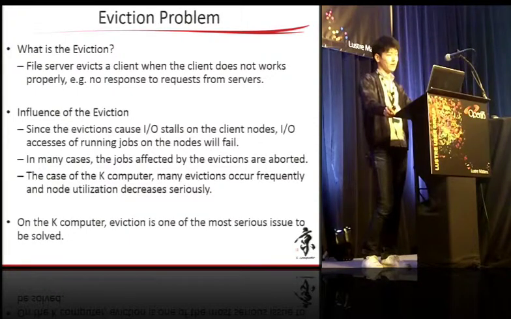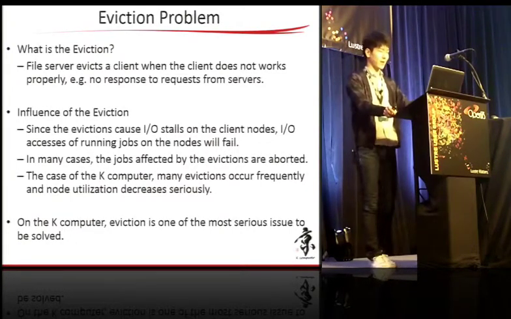I'd like to focus on the eviction problem. When the client doesn't work properly, file server evicts a client. For example, no response to requests from servers. Since the eviction causes I/O stalls on the client node, I/O accesses of running job on the node will fail.